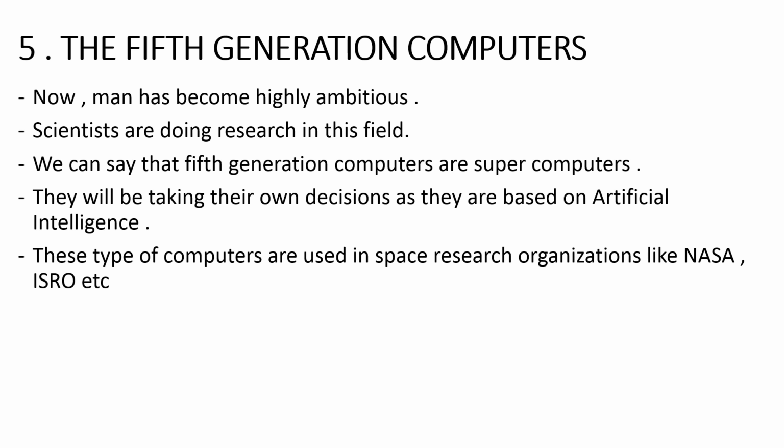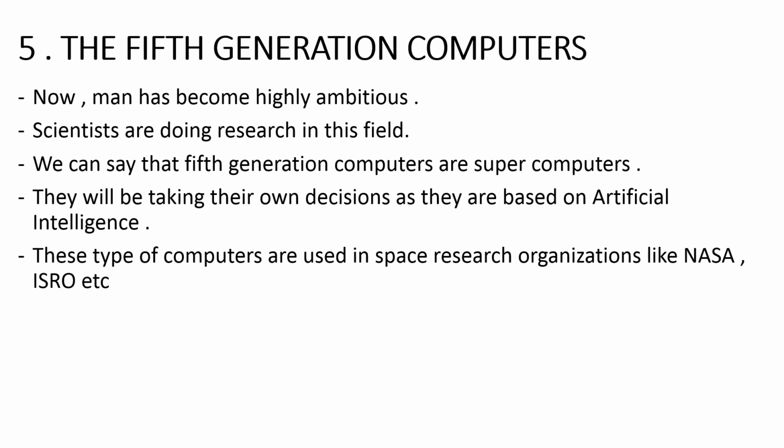Artificial intelligence is nothing but a type of technology where you don't have to instruct the computer every time, like: you have to do this task, you have to perform this task. The computer will take its own decisions and perform accordingly, due to this technology called artificial intelligence. You don't have to instruct the computers in this technology.